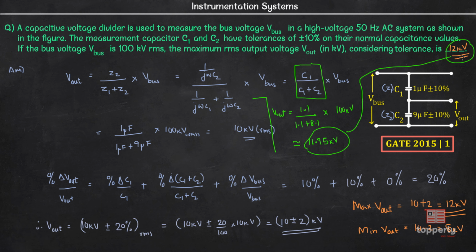Now you should know when to use this approximate method. Usually in GATE, if they expect the exact answer, they would have mentioned it, like the answer should be correct to 2 decimal places. Otherwise, they only expect an approximate answer in a particular range. For instance, in this question, the answer in the answer key was 11.75 to 12.25.